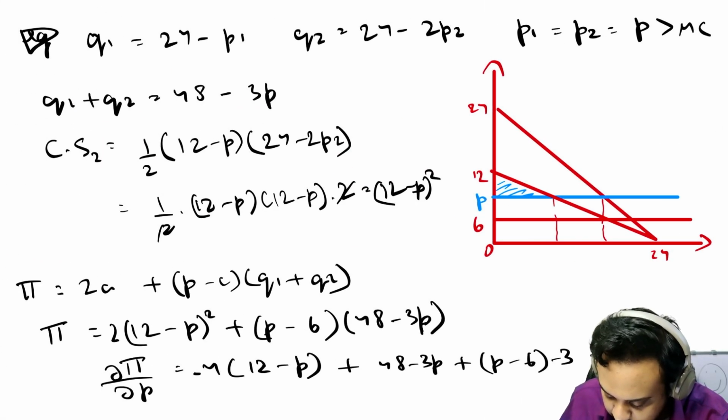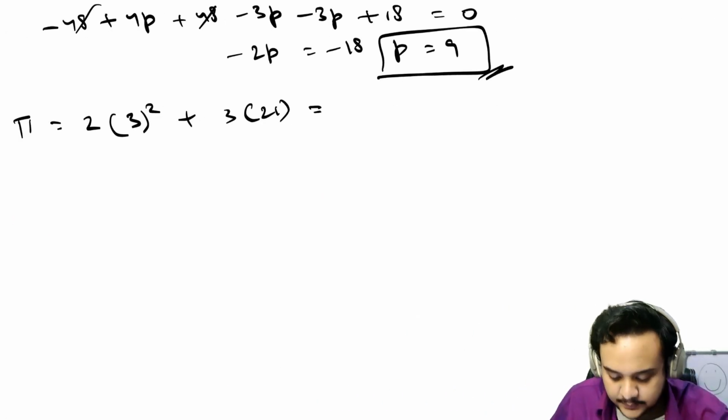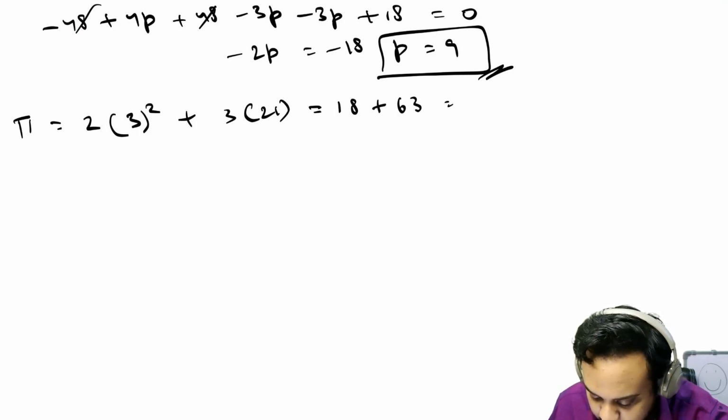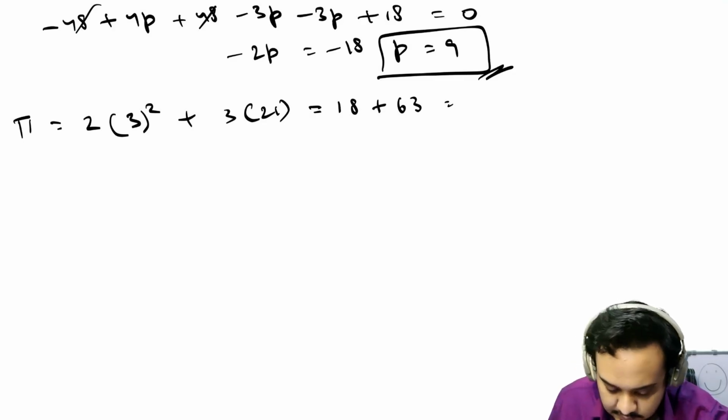That is it, right? So this is going to be 18 plus 63. That is going to be coming out as, okay, 81.